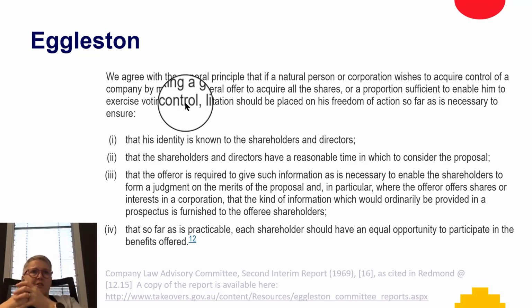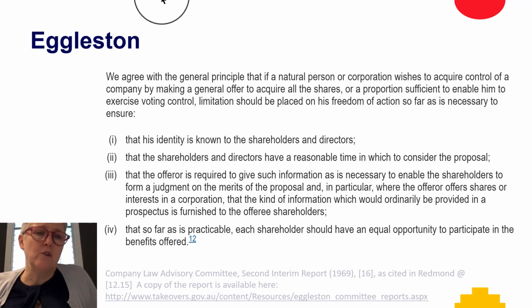So the market price for shares might be $1, but my 30%, I might be getting $1.20 a share. This principle says, well, actually, if you want to go and buy a proportion that's sufficient for you to exercise voting control, then, so far as is practicable, you need to give every shareholder an equal opportunity to participate in that offer. It's just about creating a level playing field.